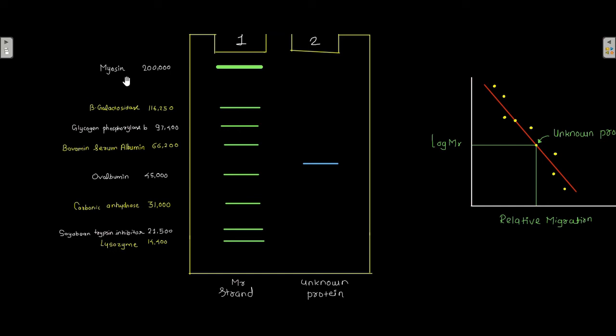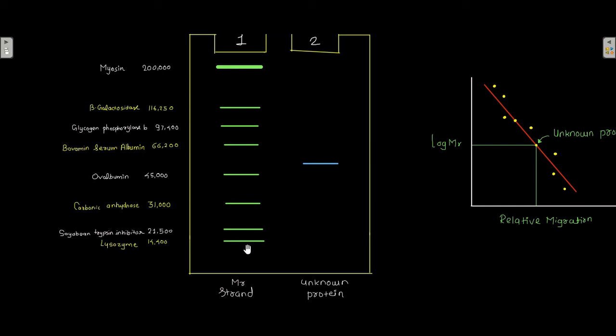This position has the protein with the highest molecular weight, and as the molecular weight reduces, the band is also going forward. So this band has proteins with the lowest molecular weight, because if it has the lowest molecular weight, then it is capable of traveling the longest distance. Okay, that is how it is.